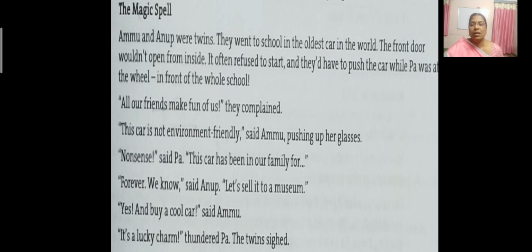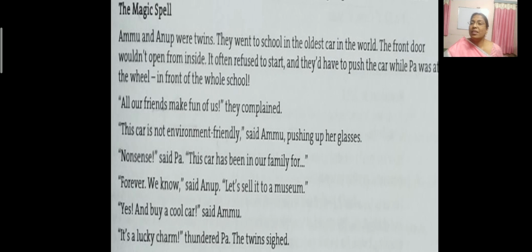So this is a story, children. In the story you come across the speaker's words which are kept in quotation marks. See here, one line. "All our friends make fun of us," they complained. So here, who are they? Amu and Anup, who were twins.